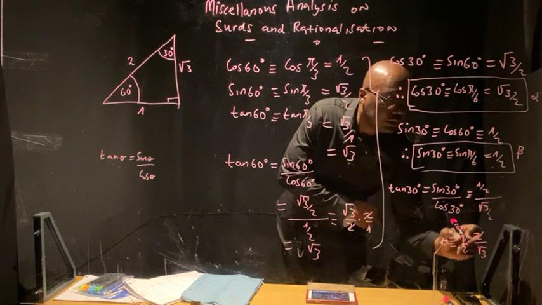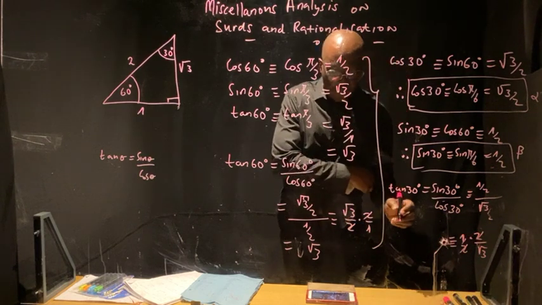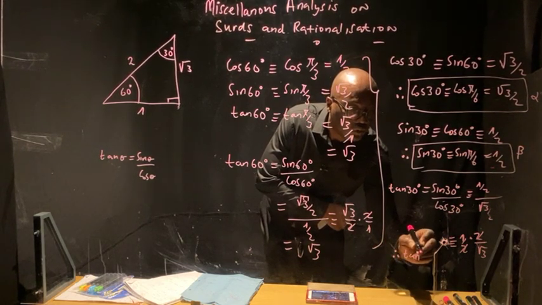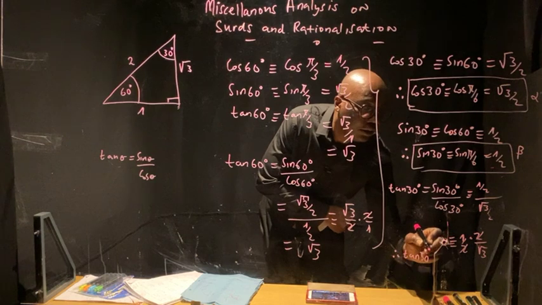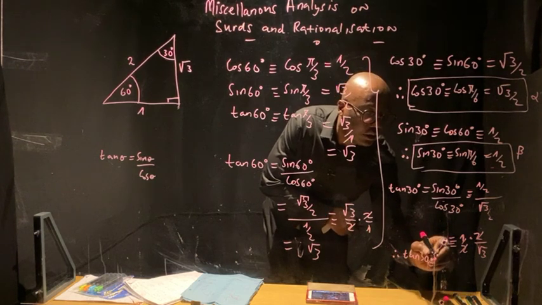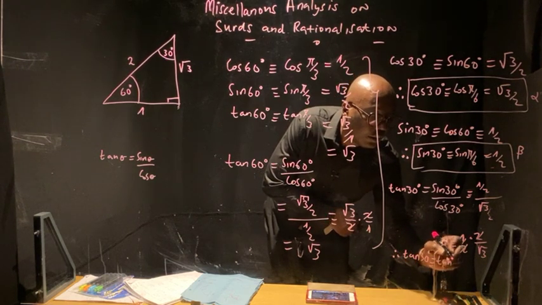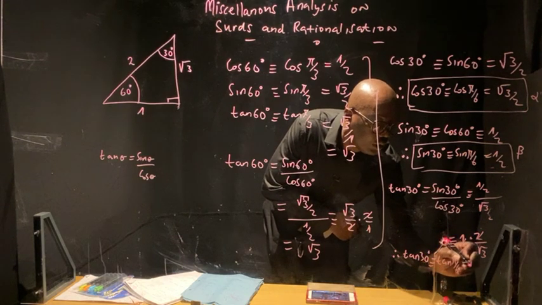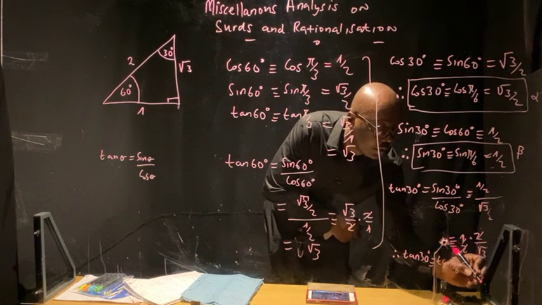This one cancels this one out. Therefore, tan 30, which is the same as tan pi by 6, is equal to 1 over root 3.